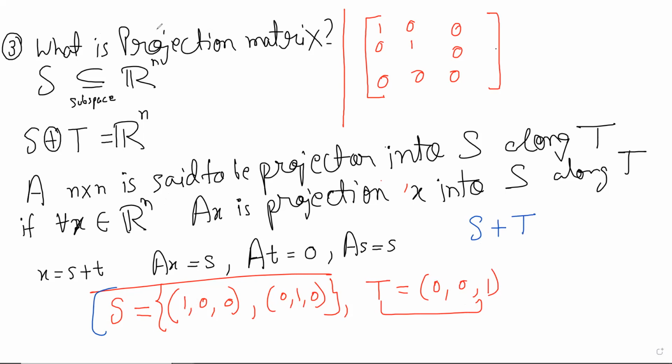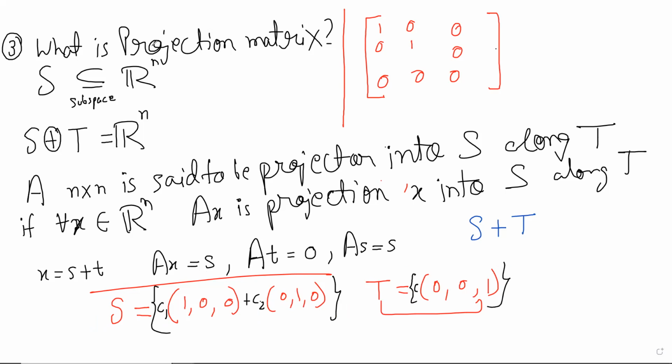Yes, I've written it slightly incorrectly. That may have been the confusion, because I shouldn't say S is this; I should say that S is the span of this. Logically it's incorrect and can create confusion. The span of this is my S, and the span of the other is T; just put a bracket.